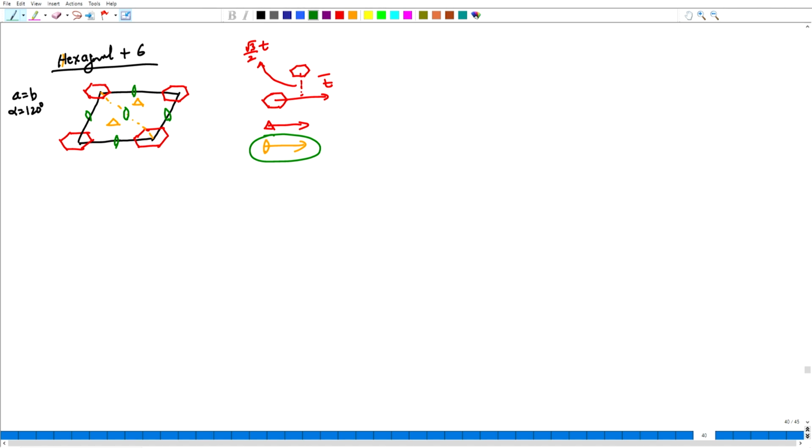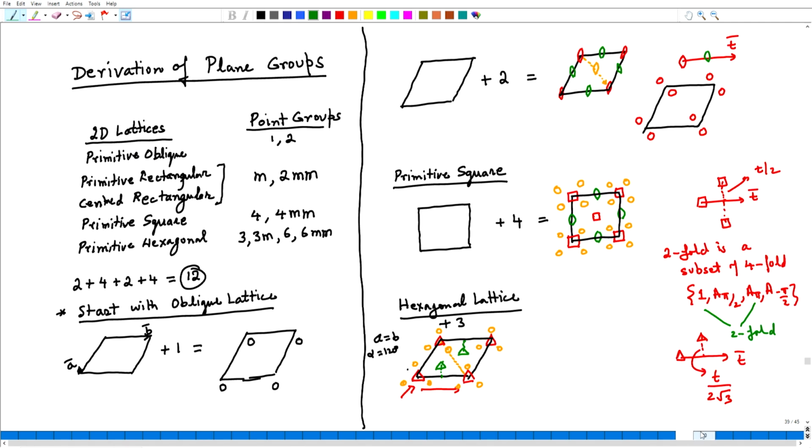So far we have looked at basically 1-fold, 2-fold, 3-fold, 4-fold. We have not looked at reflection symmetry M yet, and obviously we have not looked at the higher point groups like 2 mm, 4 mm. But now I want to look at what would happen if I add a mirror, and in that case I would use the rectangular lattice, the primitive rectangular and the centered rectangular.